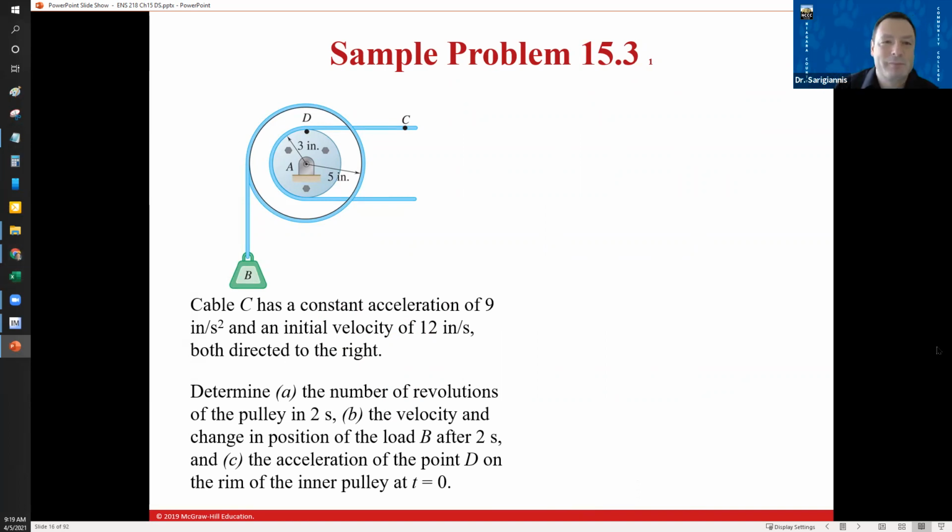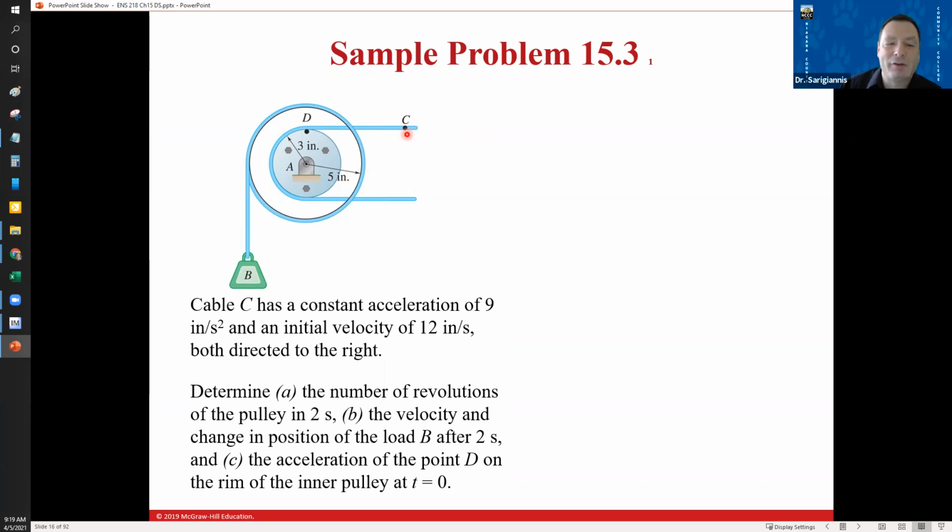Okay, so what do we got here? We've got this fancy little wheel setup. We've got a weight attached to this wheel, and in the center of the wheel we've got a smaller gear, and it's got cable C attached. This cable C has an initial acceleration of 9 inches per second squared and an initial velocity of 12 inches per second, both directed to the right.